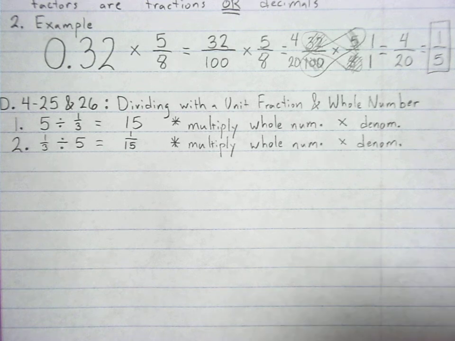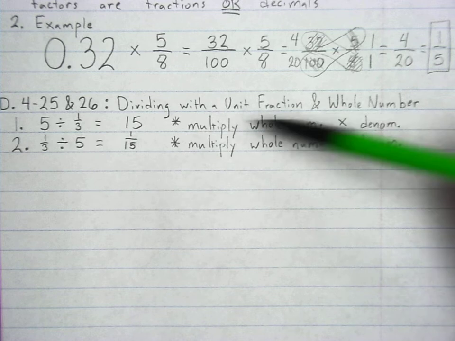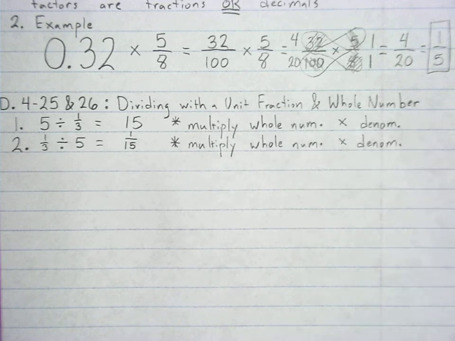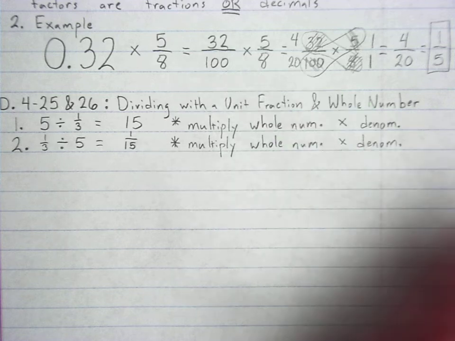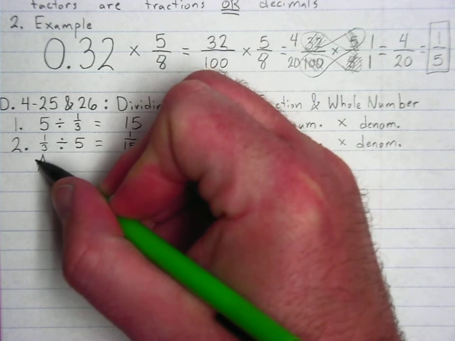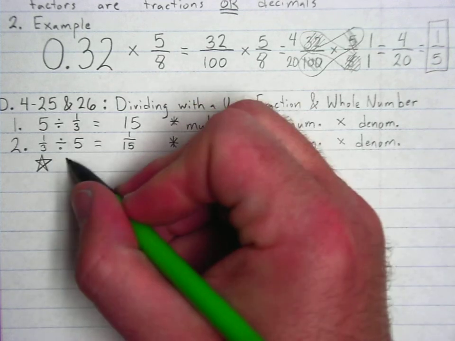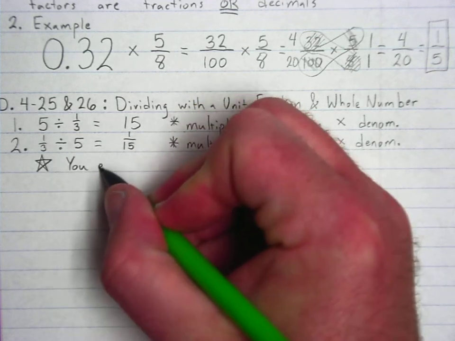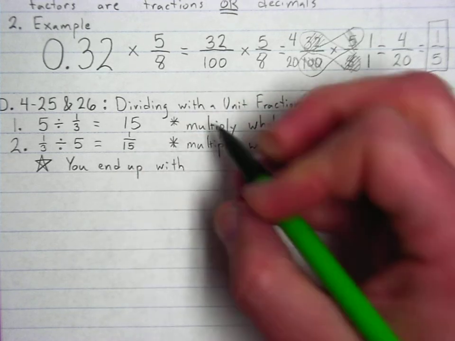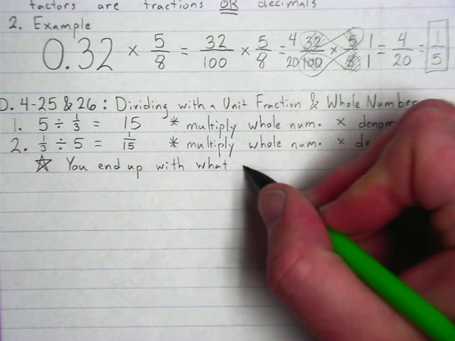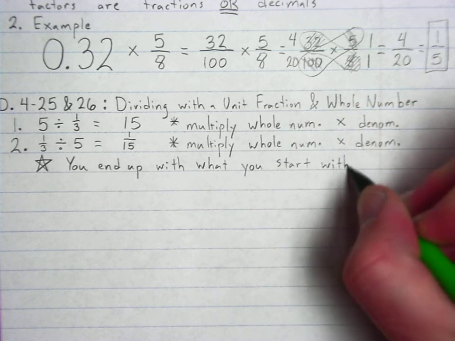Okay, so how do I know which is which? If I'm basically doing the same thing, multiply the whole number times the denominator, how do I know when I get a whole number? How do I know when I get a fraction? The key here to remember, aside from the whole multiply the whole number times the denominator thing, you end up with what you start with.